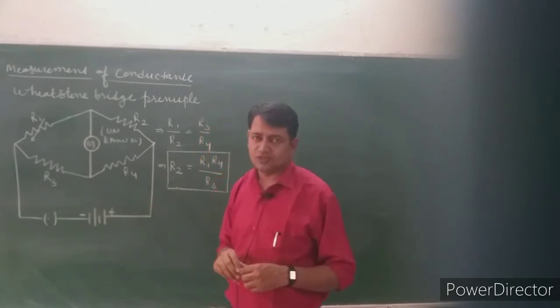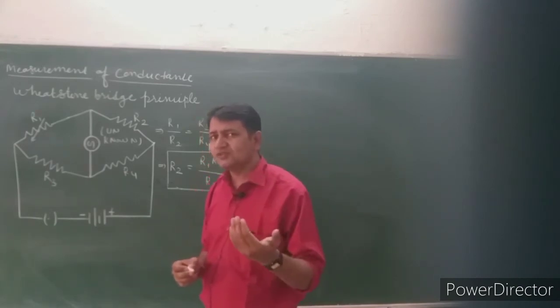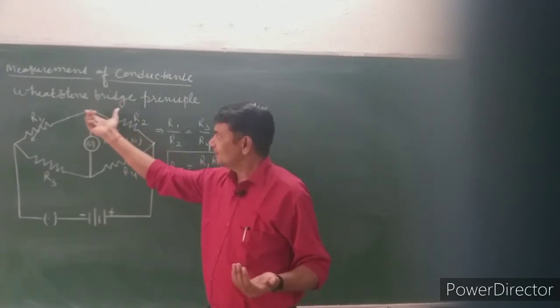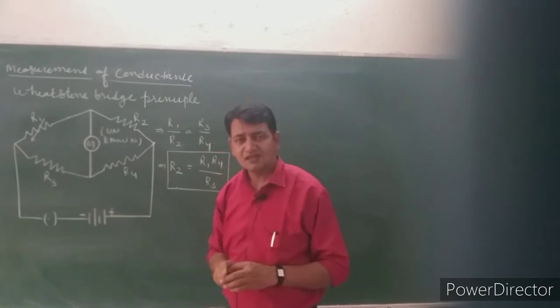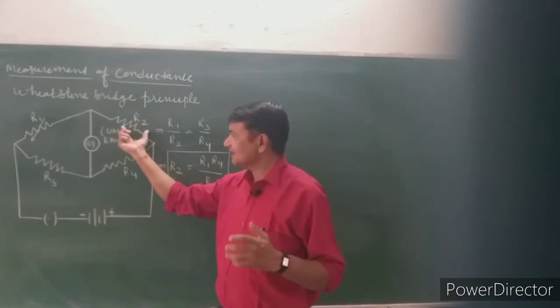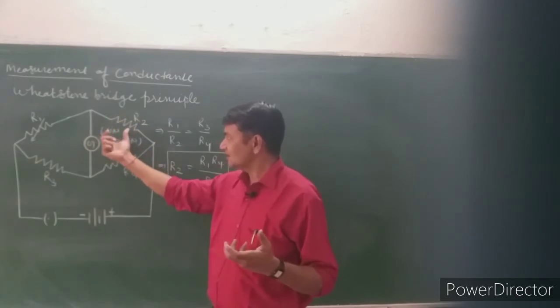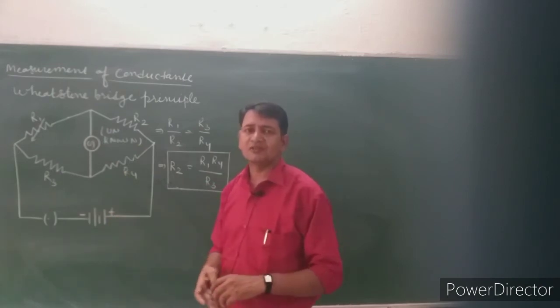So this is the problem we face with direct current for the electrolytic solution. And the second problem is that the electrolytic solution cannot be used as such, as required for the Wheatstone-Bridge principle. Here we directly connect the unknown conductor with metallic wires, and this arrangement is not possible with an electrolytic solution.